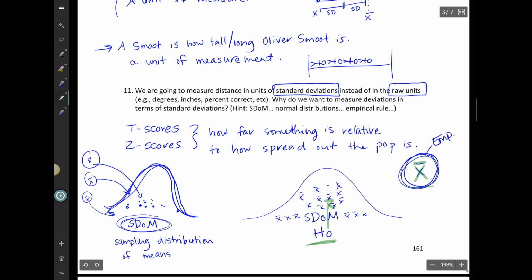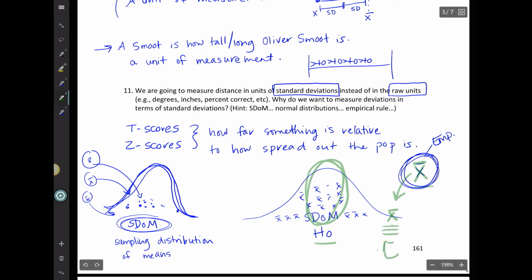Okay, alternative scenario. Let's say our actual sample mean doesn't fall here in the middle, but it falls way out here. Well, if our mean is way out here, but most of the means we would expect if the null were true are over here, then this is super weird.